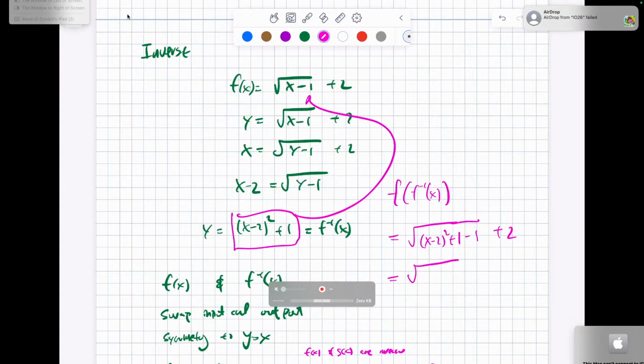So it'd be the square root of (x minus 2) squared plus 2. And that's equal to x minus 2 plus 2, which is equal to x. Do you see that they are equal to x? So they are inverse to each other. In pre-calc, we learned that we plug one function into the other function, we got x, then they are inverse to each other.